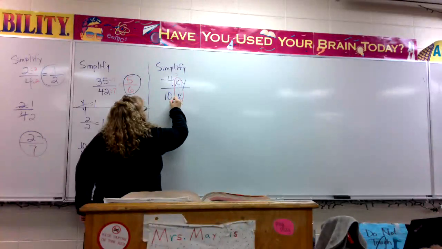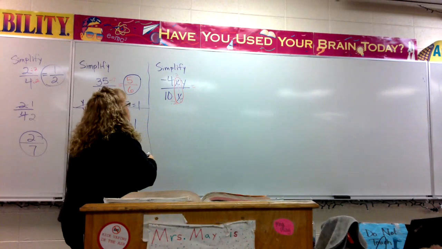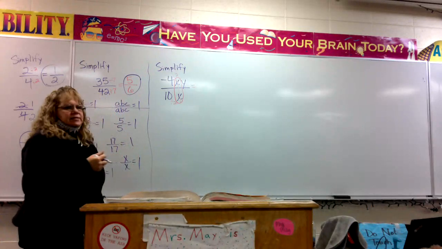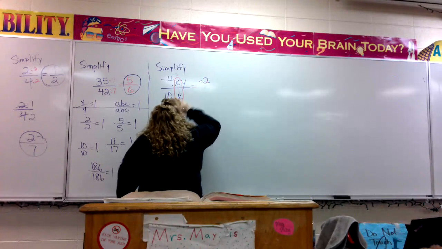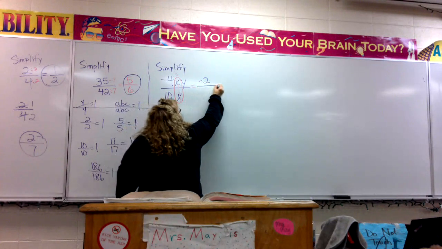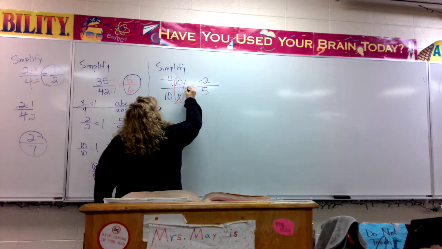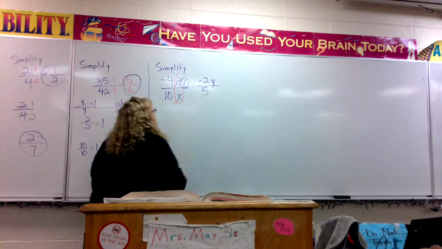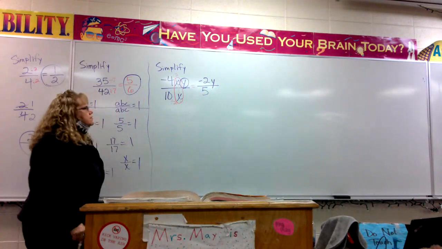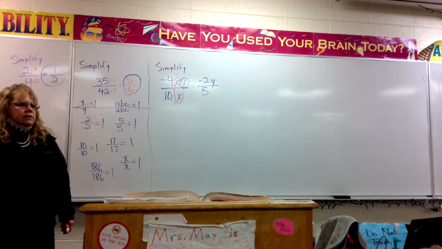Divide by 2, divide by 2, and what does that give us? On top, what is negative 4 divided by 2? On bottom, what is 10 divided by 2? And then we said there's nothing else you can do with that y because there's none in the bottom. So it would simplify to negative 2y over 5, right?